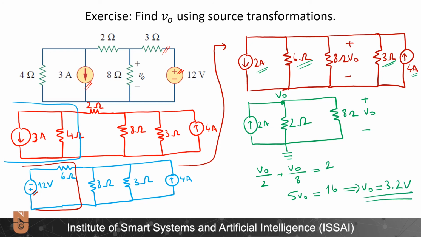So I solved this circuit using multiple source transformations, which allowed me to reduce the resistor values to equivalent resistances, and I found the solution of this circuit rather quickly this way.